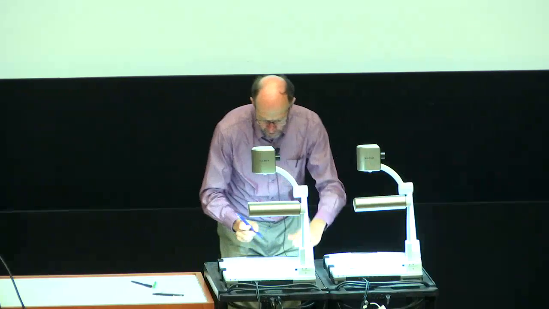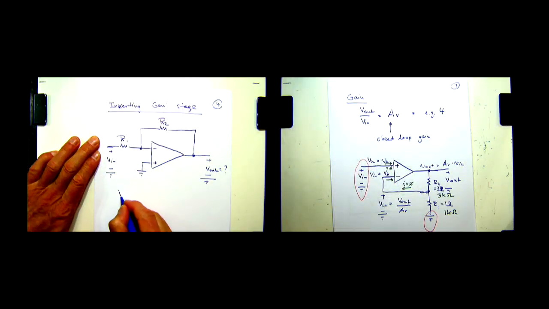So I'll let you try to do this. Take a couple of minutes, 2-3 minutes, get paper, and try to do this. And then we work it out together, okay? But I would like you to try first. What we want is an equation that says V out is some function of V in and the resistors R1 and R2.